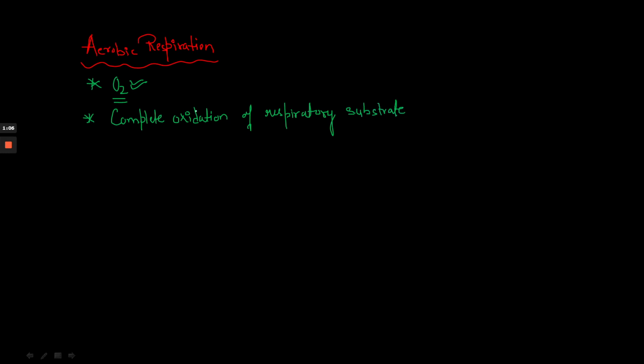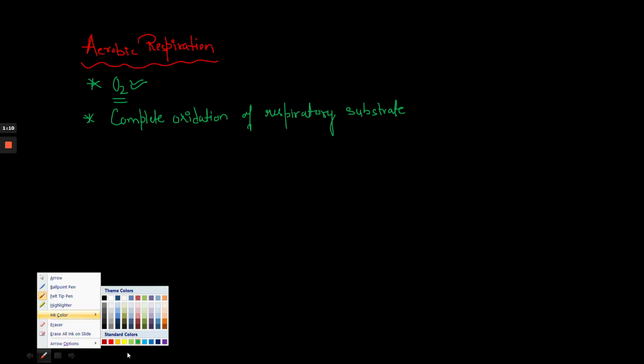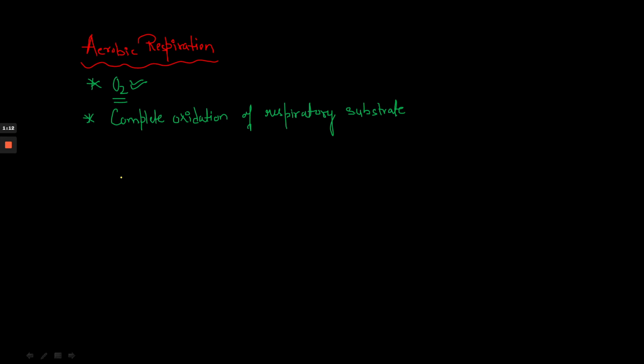Now this whole aerobic respiration has actually been divided into different phases. So the very first step, if you remember, has to be glycolysis, since glycolysis is the common pathway for aerobic as well as anaerobic respiration.